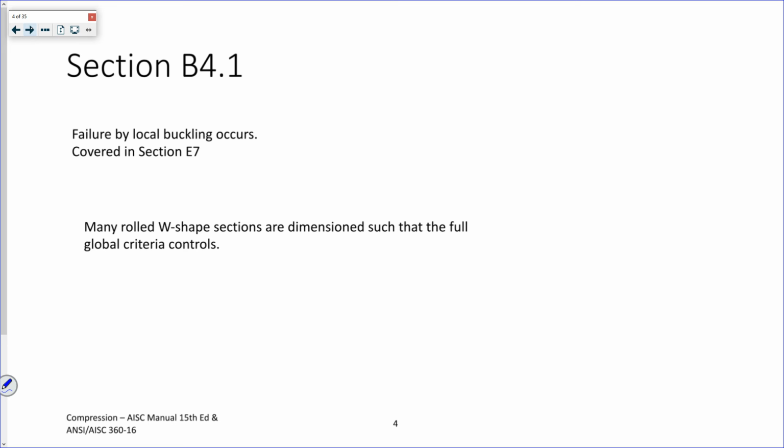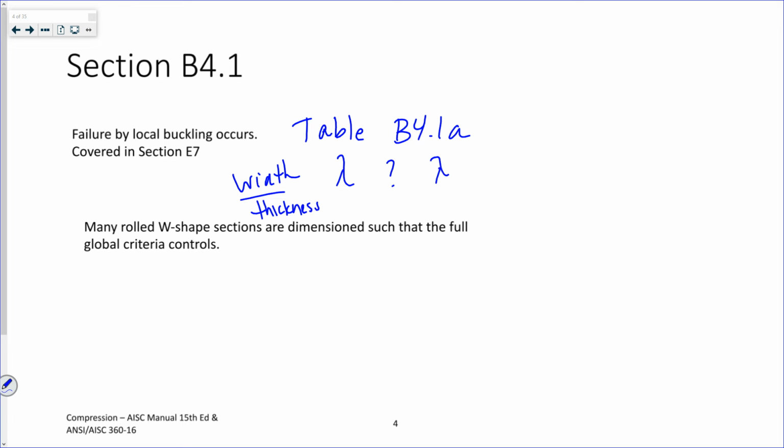So let's start with Section B4.1. We just saw Table B4.1a, and that's where you compare your width to thickness ratio, lambda, to some value, lambda r, and if lambda is greater than lambda r, you have slender elements.